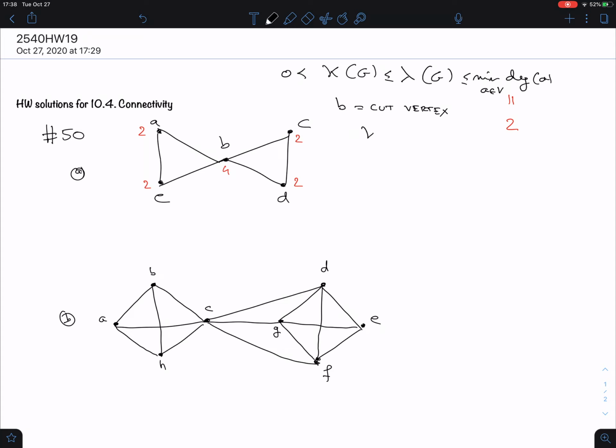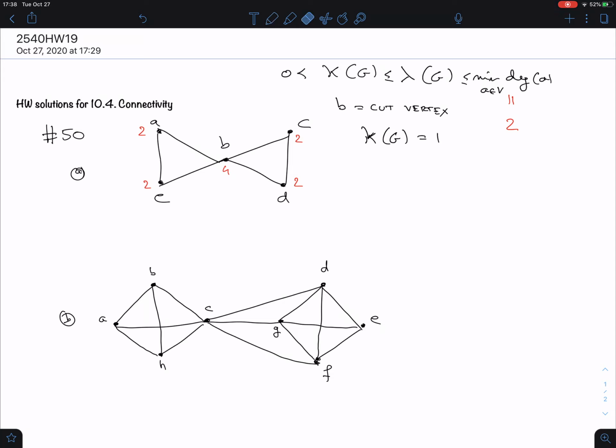So the vertex connectivity of this graph is 1, because if I remove this B, the one guy, then I get disconnected. What about an edge? Well, it seems no matter which edge you remove, you can always go around, right?